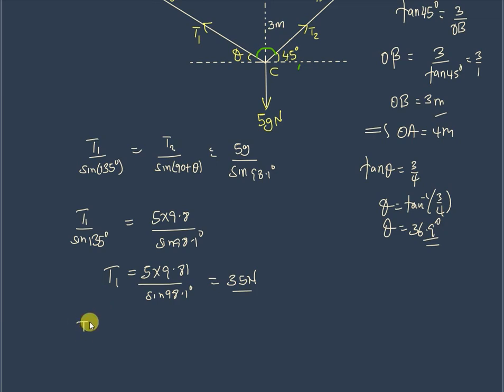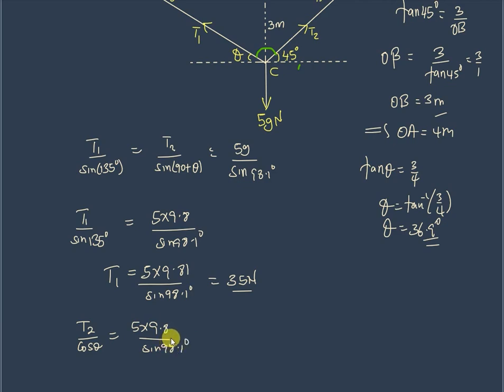Then T2 divided by cosine of theta is equal to 5g, which is 5 times 9.8 over sine of 98.1 degrees.